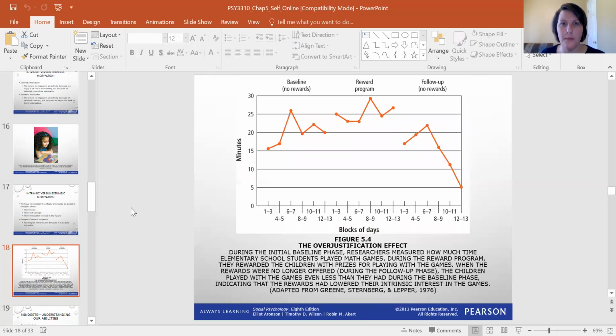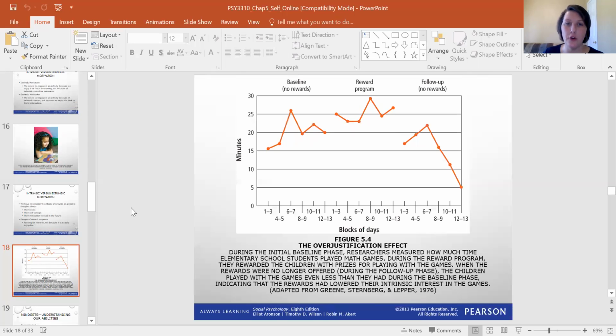And so essentially you can see at the left part here, this was when the children were not getting any rewards. So we call this our baseline. As you can see, the course of the experiment lasted about 2 weeks or so. So this is each block of days.